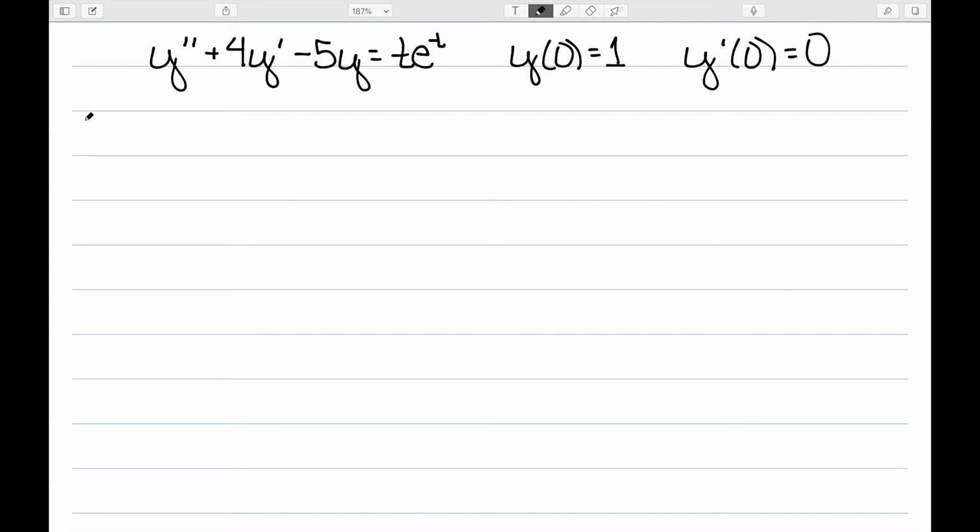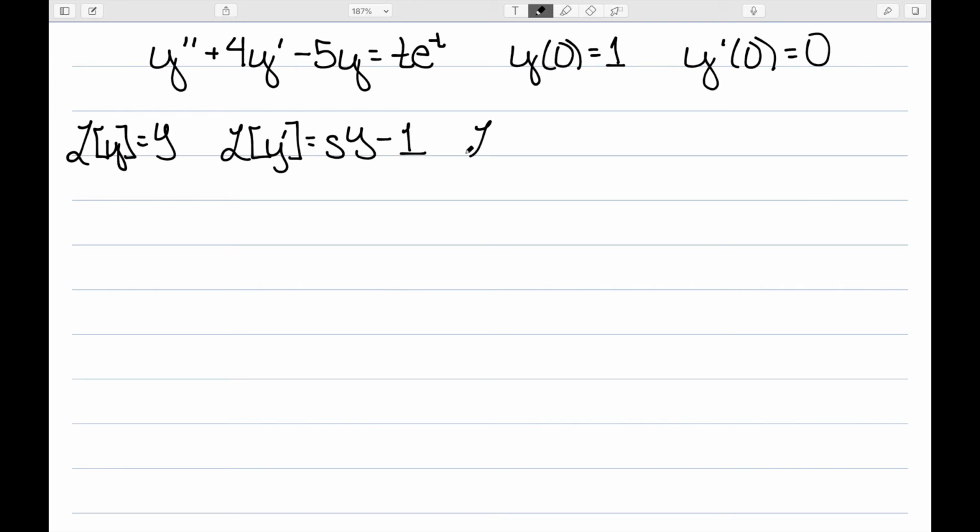Let's do one more. Once again, I'm going to let the inverse transform of little y be equal to capital Y of s. The transform of the first derivative is then s times capital Y minus y of 0. And the second derivative will then be s squared capital Y minus s times this, minus y prime of 0, which is 0.